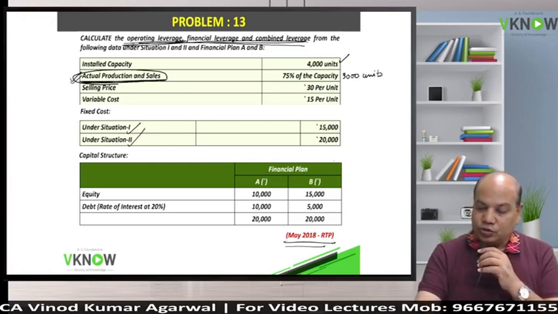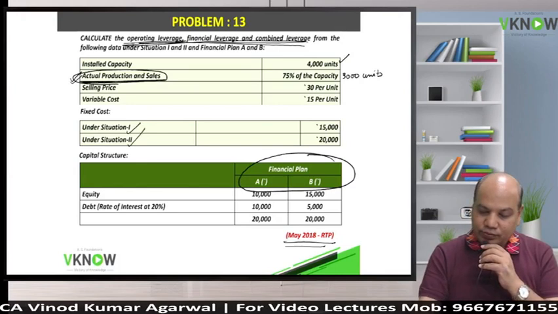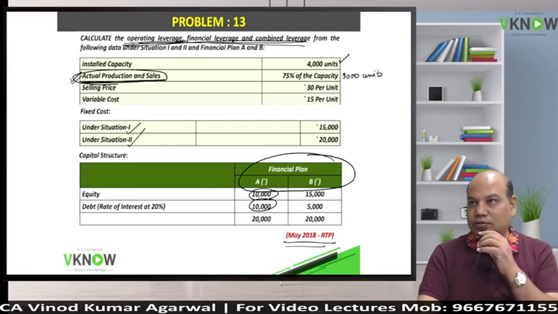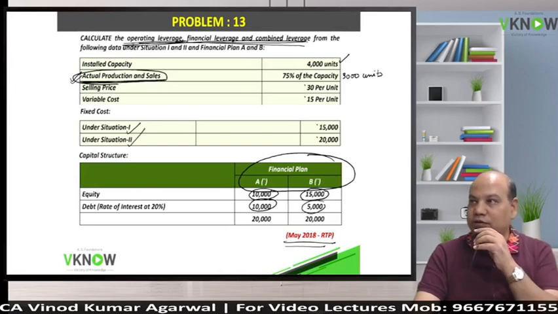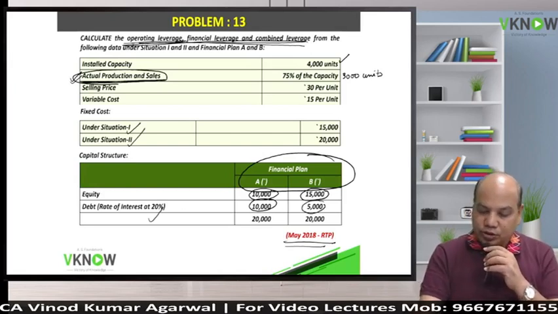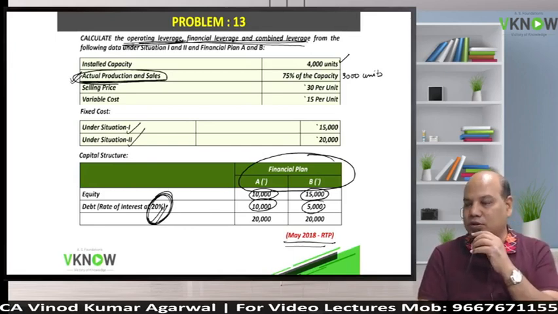Capital structure also has two financial plans, equity and debt. In plan A, they are equal, 10,000 and 10,000. In plan B, equity is more, debt is less. And what is the rate of interest on the debt? 20% for calculation purpose.